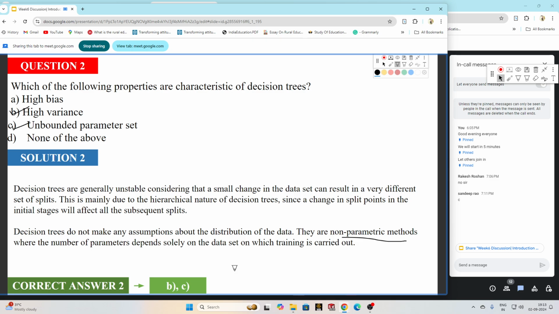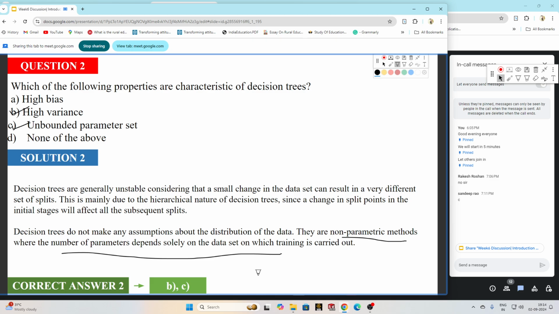Linear regression or logistic regression all have parameters, beta 1, beta 2, beta 3. But here the only parameter you can say is the split, and that depends on your data, not directly on your input. So the number of parameters solely depends on the data set on which training is carried out.